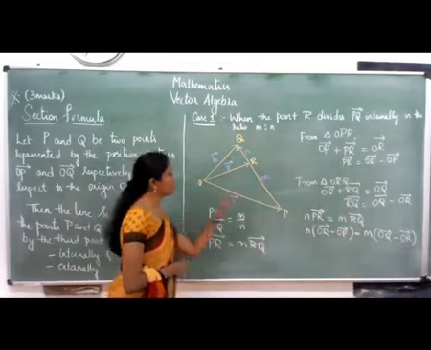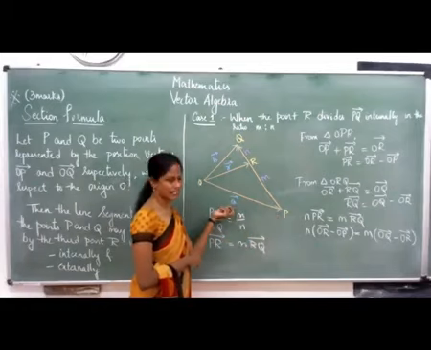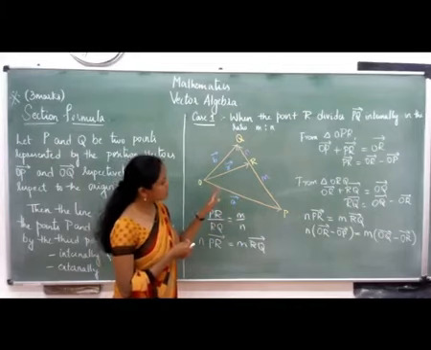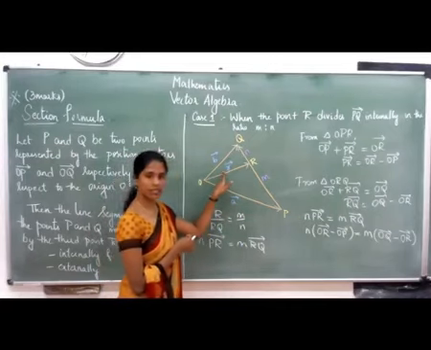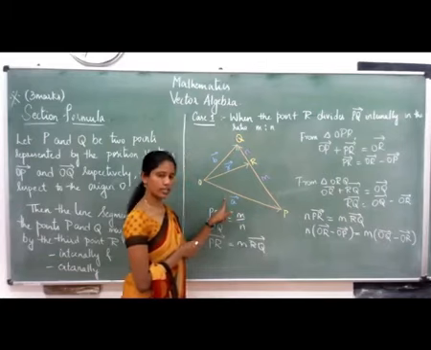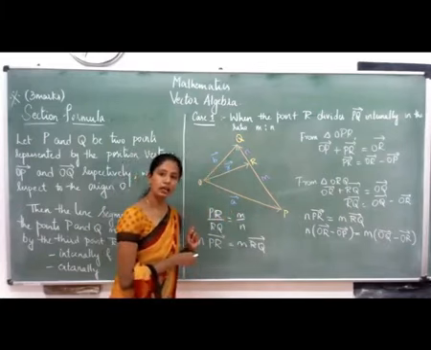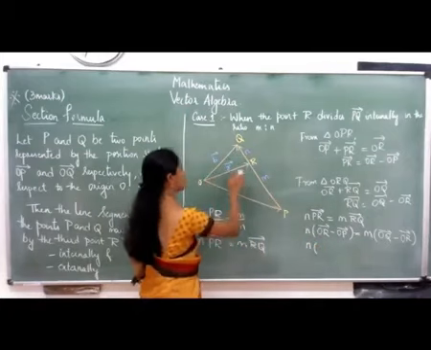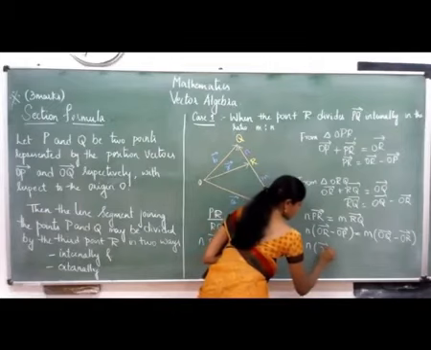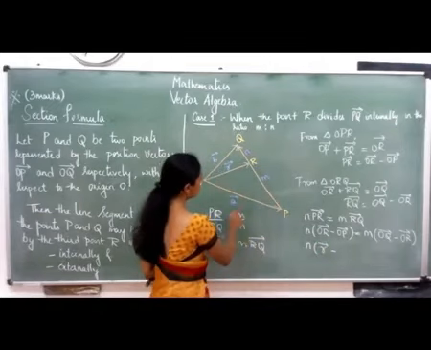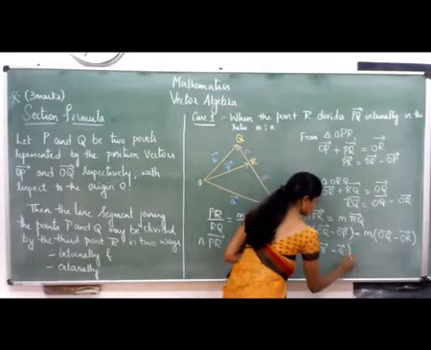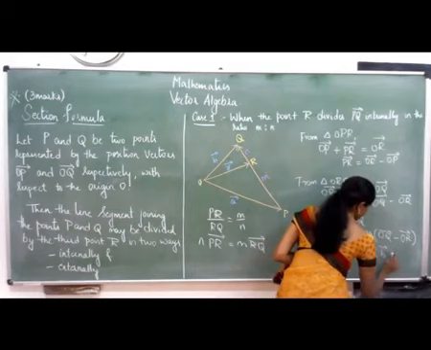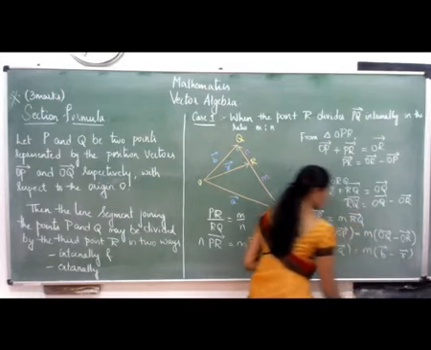Here I have represented vector OR as vector R, vector OP as vector A, and vector OQ as vector B. Therefore, n into vector R minus vector A is equal to m into vector B minus vector R.